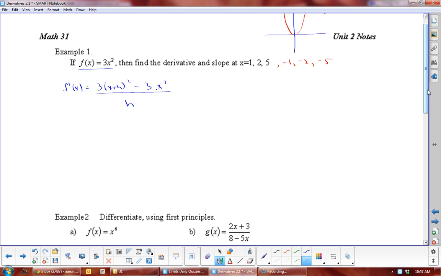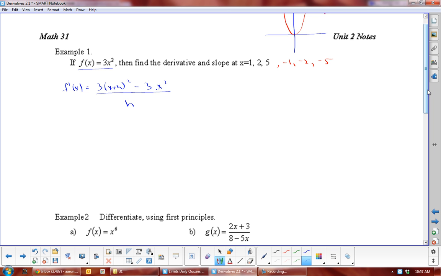And we're not going to be solving for a specific point anymore. Because if I was to do this using my last unit, I would have to do this for all 6 of those points. I would have to do 6 limits. So today we're going to learn how to do it once, and then just plug in x values, and you'll find your slopes at those points.